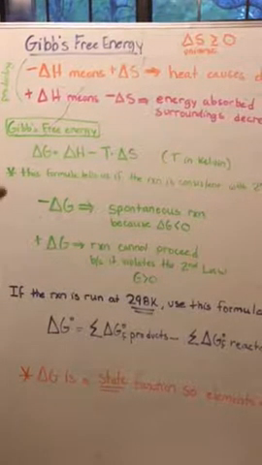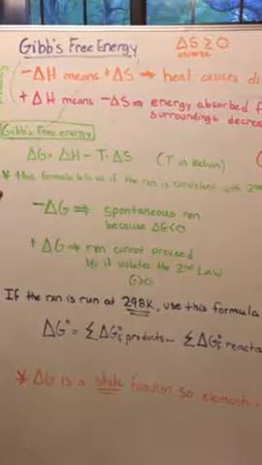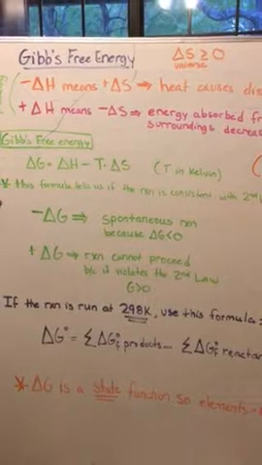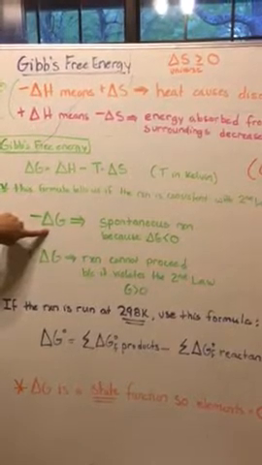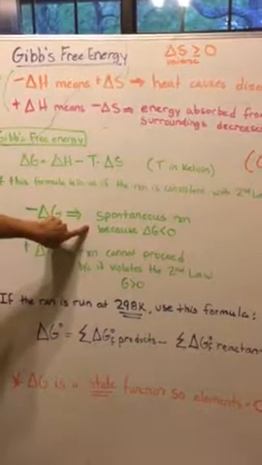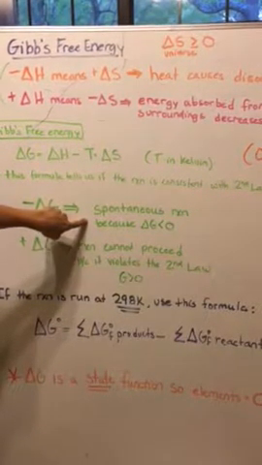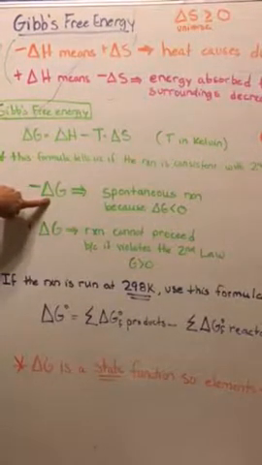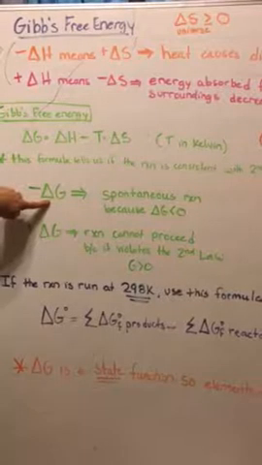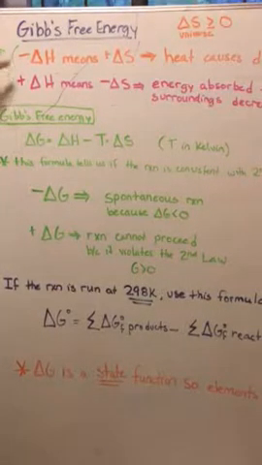This formula basically tells us if the reaction is consistent with the second law of thermodynamics or not. If I end up getting a negative delta G, it does mean that the reaction is spontaneous, because if delta G is less than 0, then that's a good indication that my reaction will be spontaneous. Look back up to here.